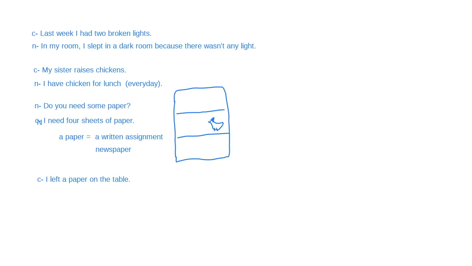Always a piece, yeah. Even in my notebook here, this is a piece of paper. I never say a paper for this. It's always a piece of paper. So when we do say a paper, you can exchange it for a written assignment or a paragraph that I wrote.